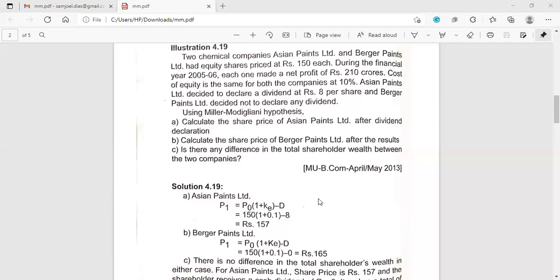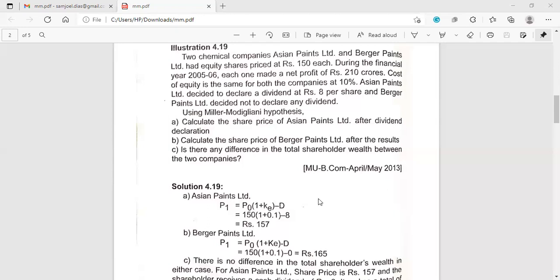Now for Berger Paints, let us calculate: 150 into 1 plus 0.1 minus 0, that gives rupees 165. So in comparison, we can conclude that the Berger Paints market price would be higher when we compare it to the Asian Paints Limited's market price.